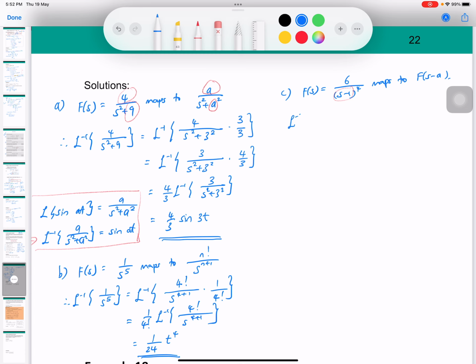So we know Laplace transform of 6 over (s minus 1) to the 4 maps to Laplace transform of F(s minus 1), because our a is 1 here. And what is Laplace transform of F(s minus 1)? If you refer to the formula, the first shifting property, they will give you e to the at f(t).